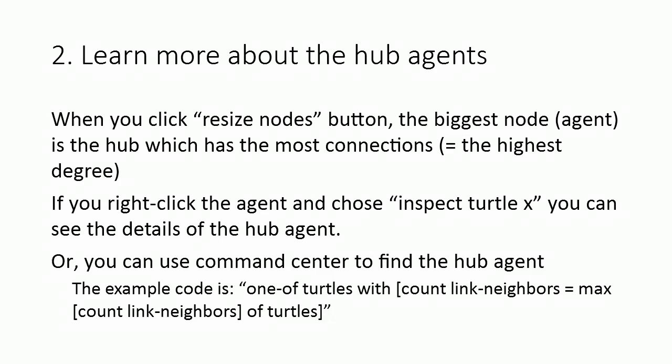Here's an example of a command which says one-of turtles with count of link-neighbors equal to the max count of link-neighbors. So everybody has linked neighbors, and if you have the maximum number, there could be more than one that have the same maximum number. So the result of this command is just going to randomly pick one of those, and that will find and highlight that hub agent for you. Just try that in the command line.